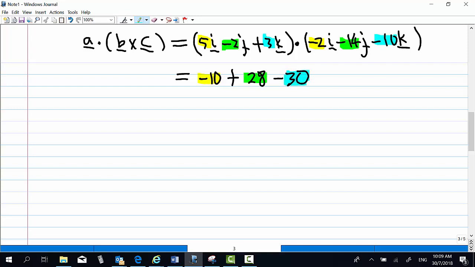So altogether, minus 10 minus 30 is minus 40, plus 28, you get minus 12.